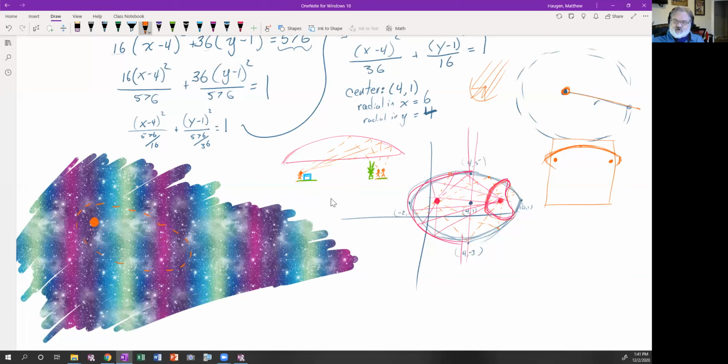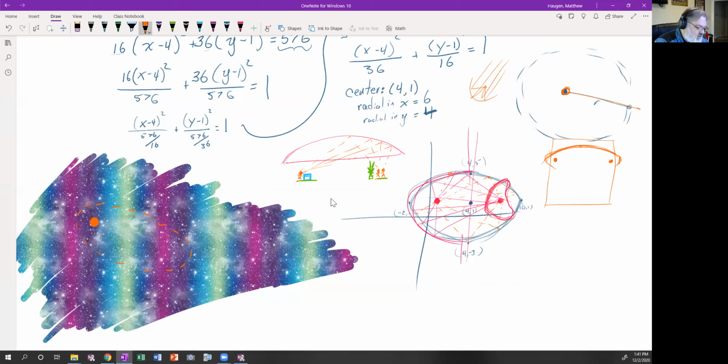Comets go way away from the sun and then come back really fast and then go way away again. Comets have extreme elliptical orbits. Our orbit around our sun is fairly circular, not quite though, as most of the major planets are. But it's not a perfect circle, it is an ellipse.